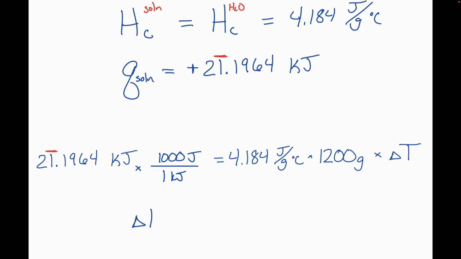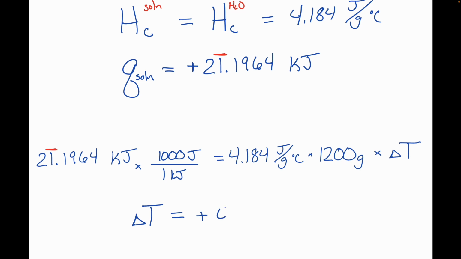Okay, and I get a delta T that is positive, which makes sense because this solution absorbed thermal energy. So I get this value of positive 4.221717 degrees Celsius. And I'm going to be good and round to my 2 significant figures here.